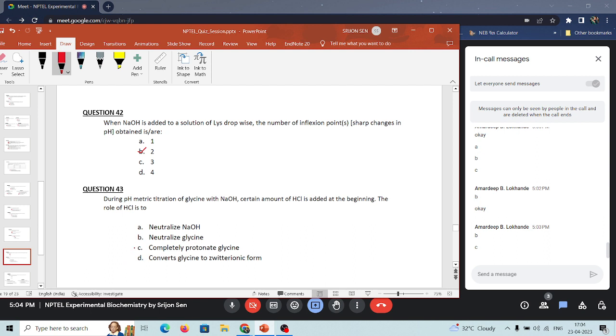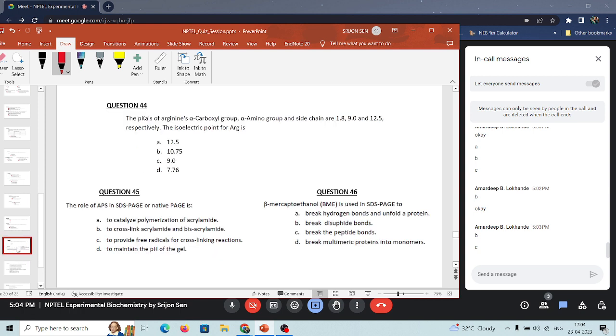Fantastic. Complete protonation of glycine. Even if some of the glycines are in zwitterionic form or any other form, you add an amount of HCl such that all of the glycines become positively charged, and that will help in reducing errors and calculating properly. So for the complete protonation of glycine, you add HCl in the beginning.